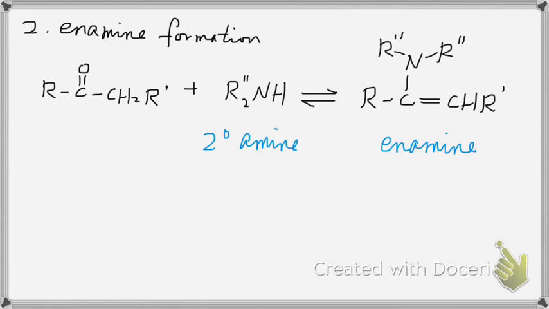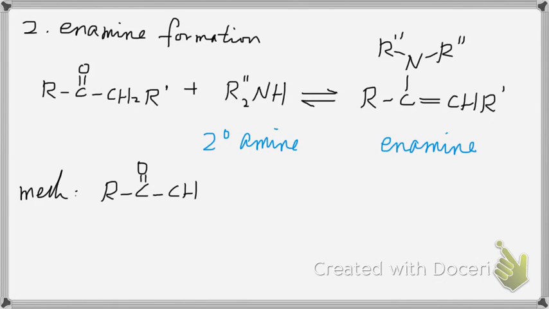The product enamine here has a C=C double bond, and one of the carbons has a nitrogen attached to it. Okay, so it's called enamine. It's similar to the enol when we have OH attached to a double bond. Here we have a nitrogen attached to the double bond.